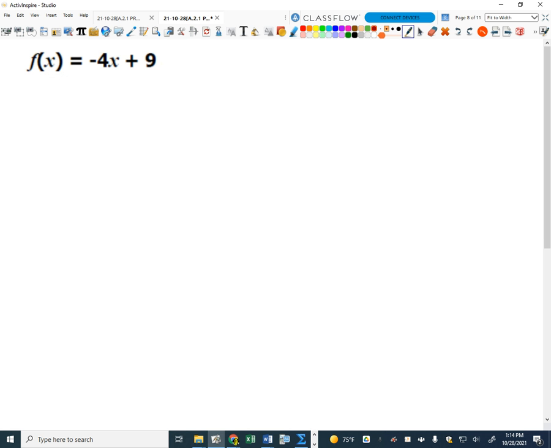How do I find it? What's f of 1? Cooper, what's f of 1? Okay, negative 4 times 1 plus 9. In this case, I can simplify that, right? I get negative 4 plus 9 equals 5.